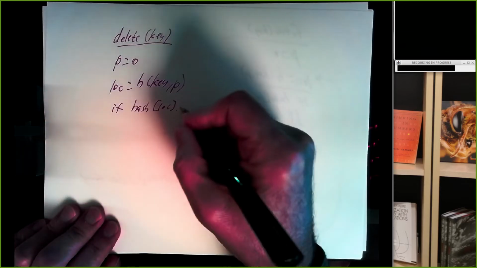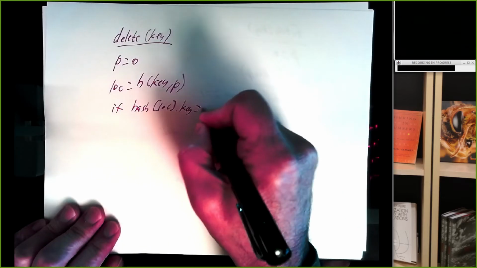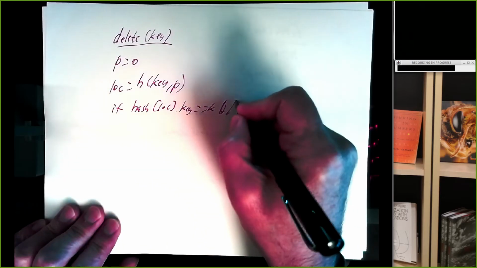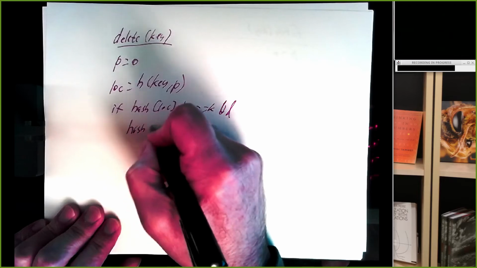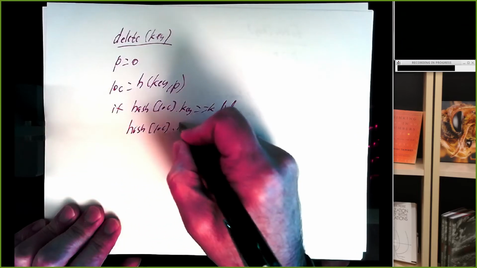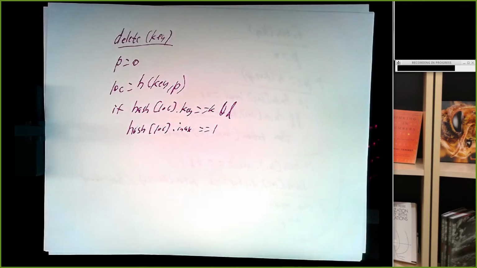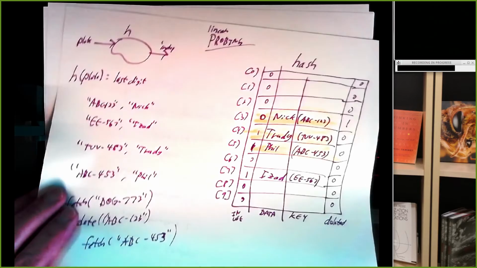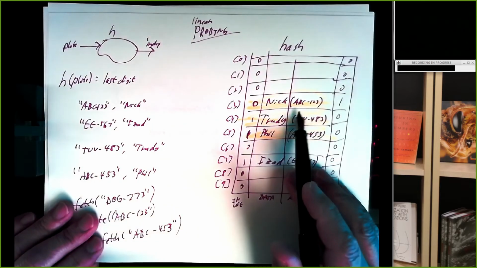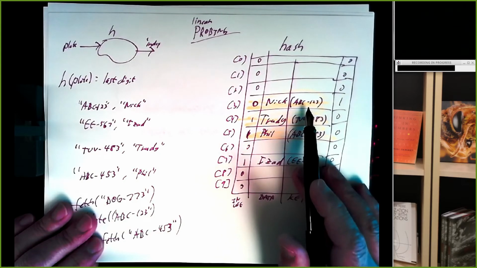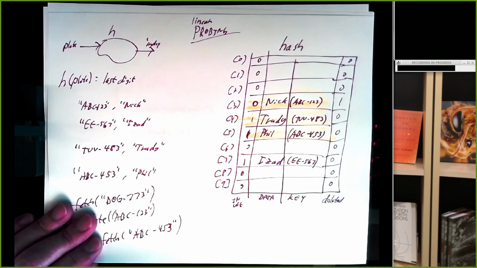So if hash location dot key equals key and in use is equal to 1, because there might be stray data in here. We might hash to a location that used to have this data in there but doesn't anymore, right?